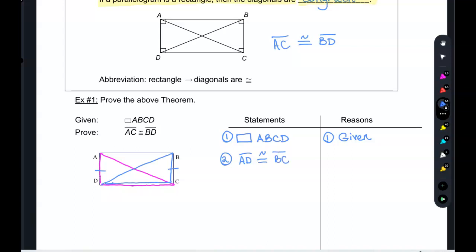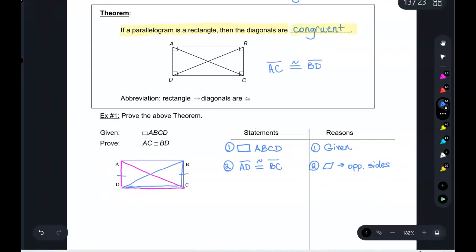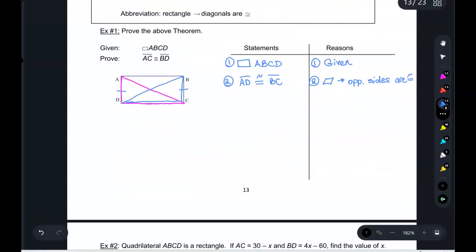And that is, in a parallelogram, that implies opposite sides are congruent. What else do we have? DC is congruent to DC. They overlap.